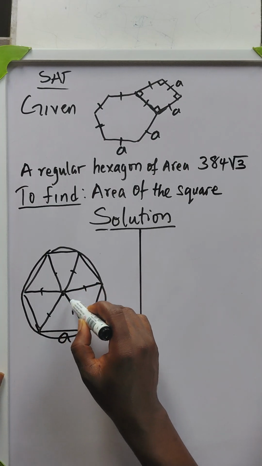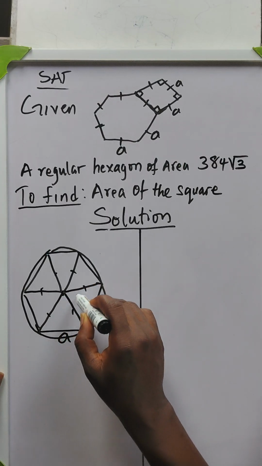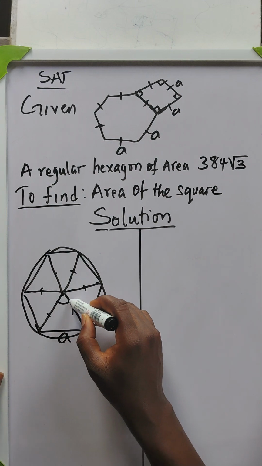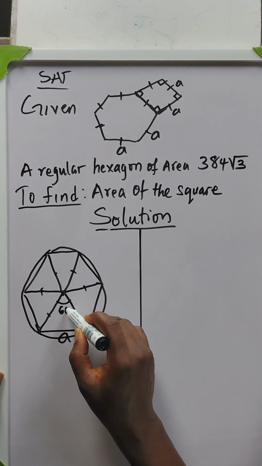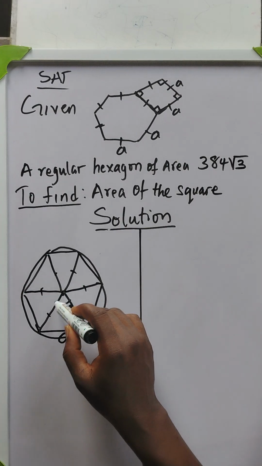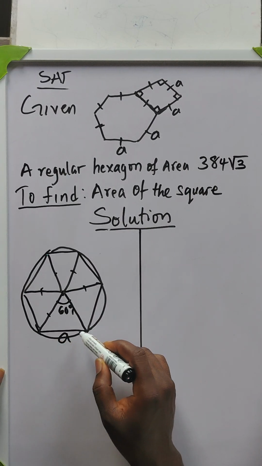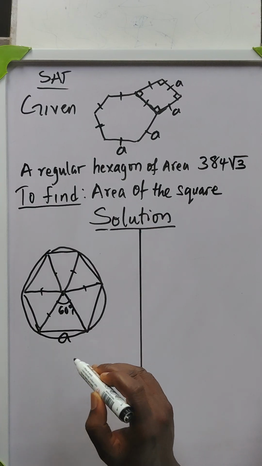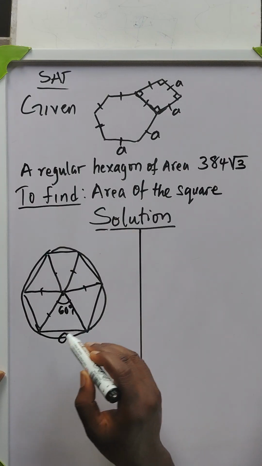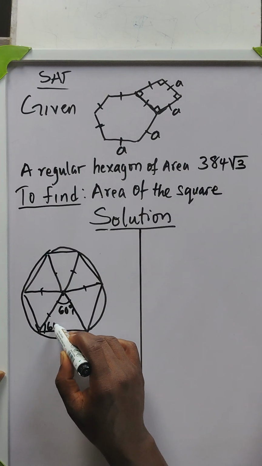Now, the angle at the center of the circle is 360, and if you divide it by 6, since we have 6 triangles, each of these will be 60 degrees. And since these two sides are radii, the remaining angle inside the triangle is 180 minus 60, which gives 120. 120 divided by 2, this angle is also 60 and 60.